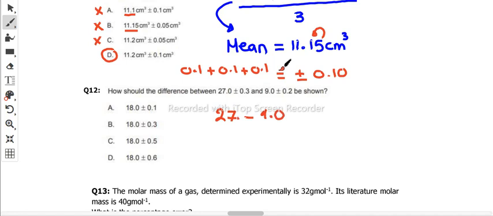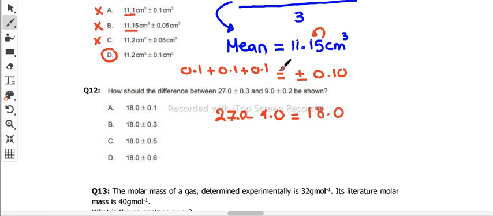This is a 27.0. I'm going to put it and take the 0 into consideration for the correct number of decimal places. If you don't want to subtract, there is no need, since all numbers which are given inside the choices are 18.0, so I'm sure that this is 18.0.